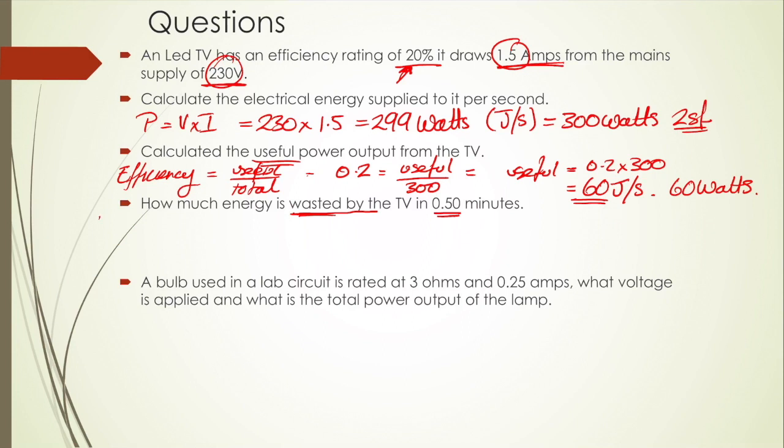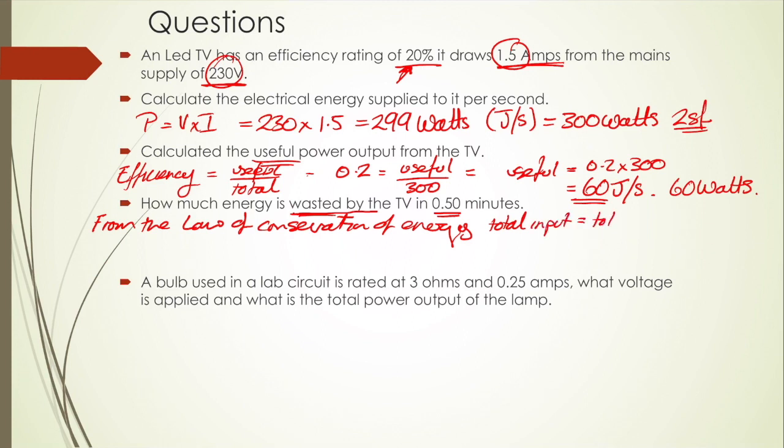So from the law of conservation of energy, total input equals total output. So total input, 300, equals useful plus wasted.